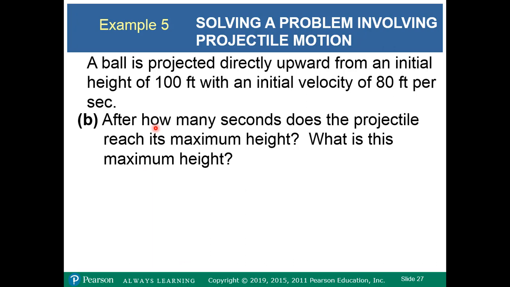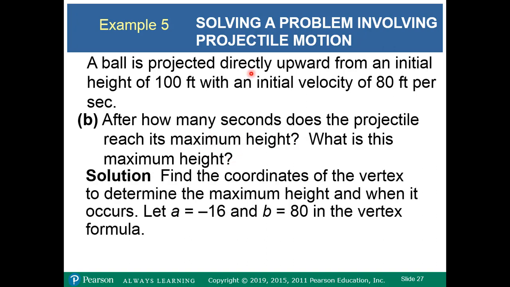And then B, it says, after how many seconds does the projectile reach its maximum height? Well, that means we're going to have to find the vertex, right? And then what is the maximum height? So if we find the vertex, then that's going to give us both answers. So here we can use the vertex formula.